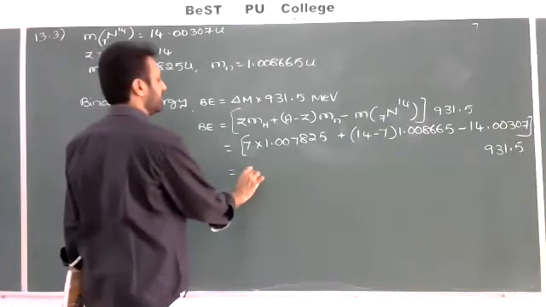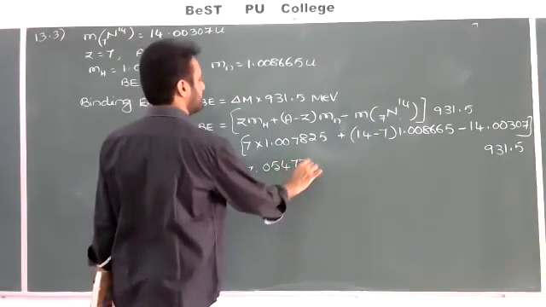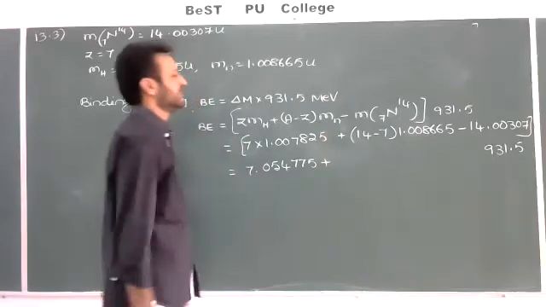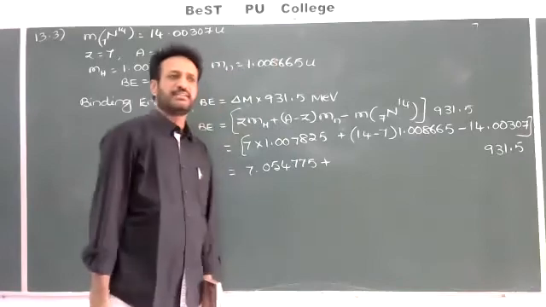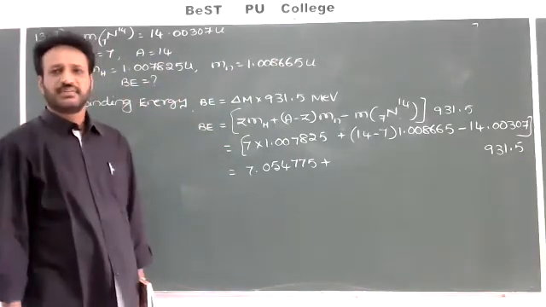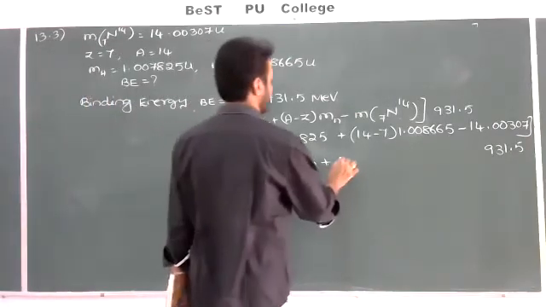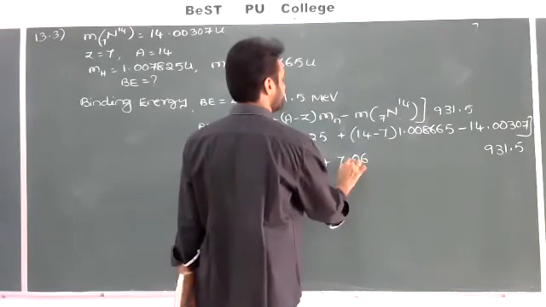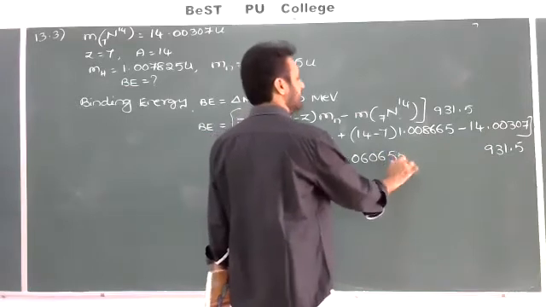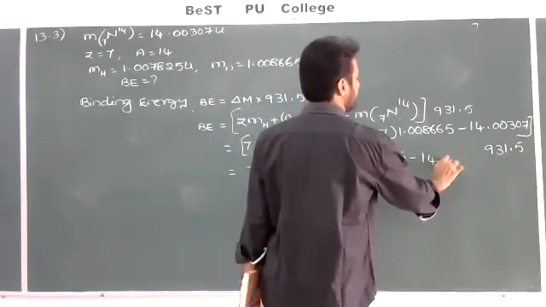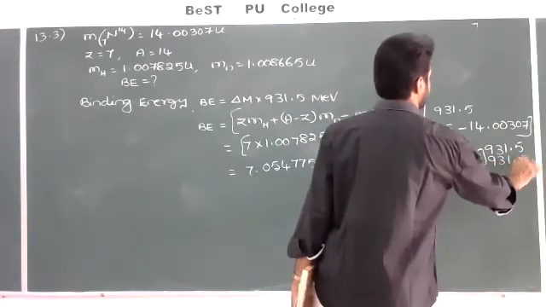That is equal to 7.054775 plus 7 into 1.008665, which is 7.060655, minus the same value 14.00307, into 931.5.